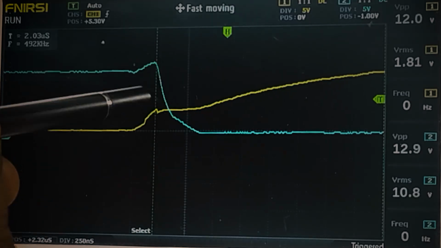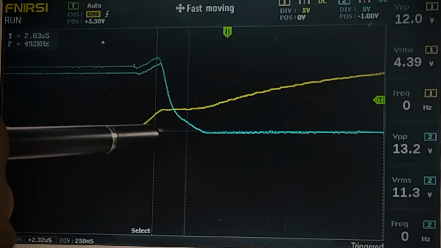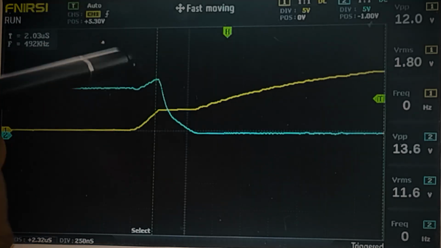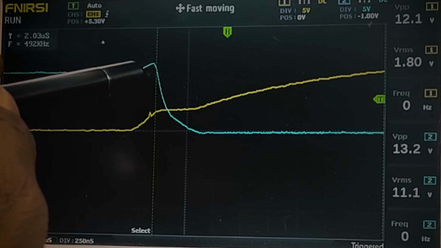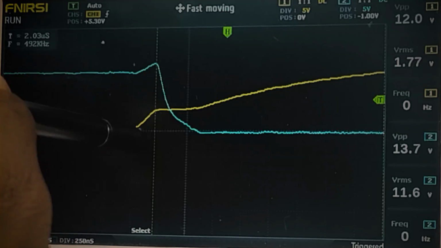So just as the MOSFET starts to turn on, the drain-to-source voltage drops rapidly. We can see that rapid fall of the drain-to-source voltage. Remember, this is the drain voltage with respect to our source, while this is the gate voltage.